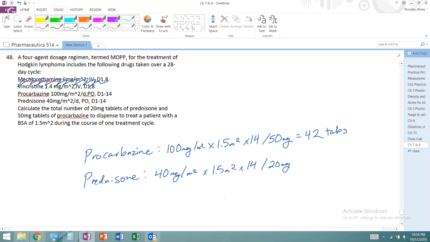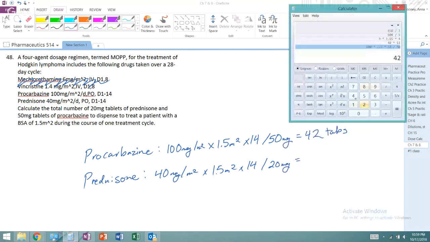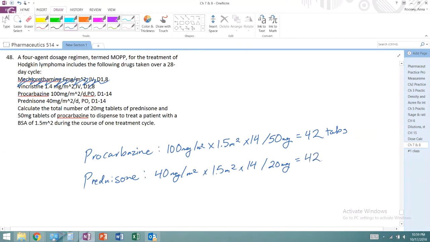And be careful that you don't get these mixed up, because in the list it has procarbazine first, and then later in the question it has a second, which is what happened with me when I was doing this in practice. 40 times 1.5 times 14 divided by 20. And that is also 42 tabs.